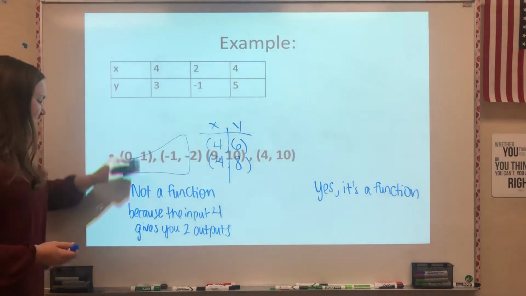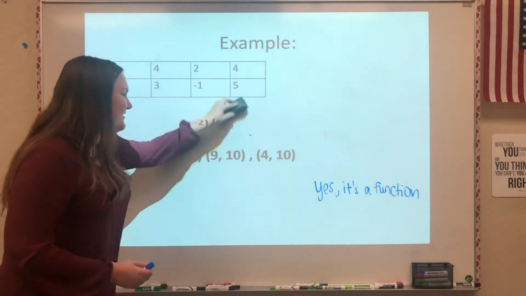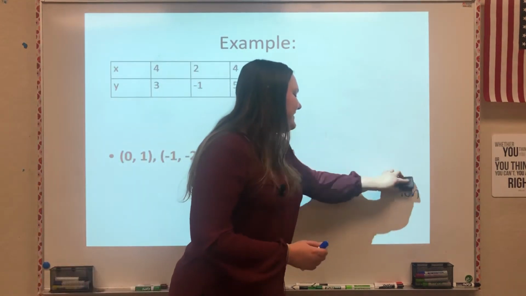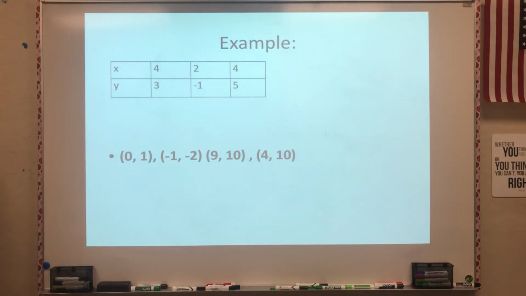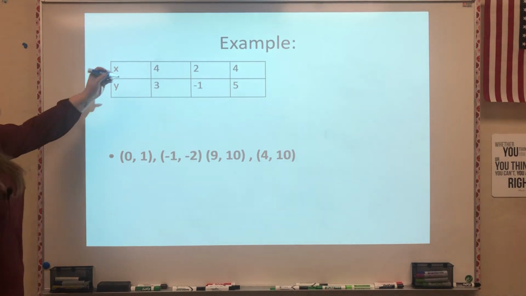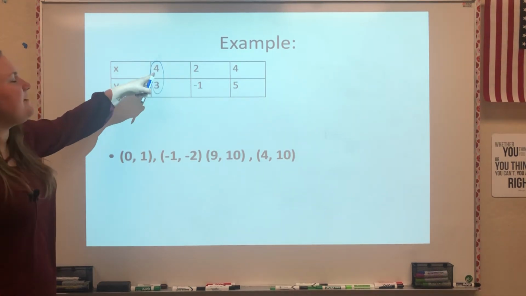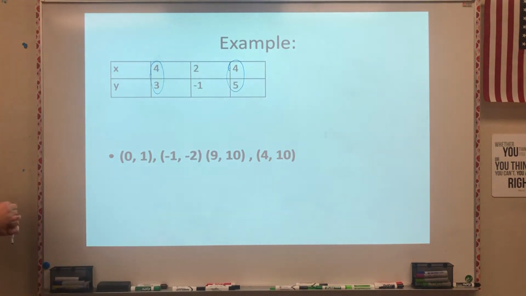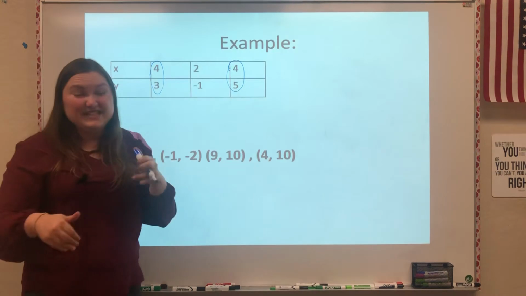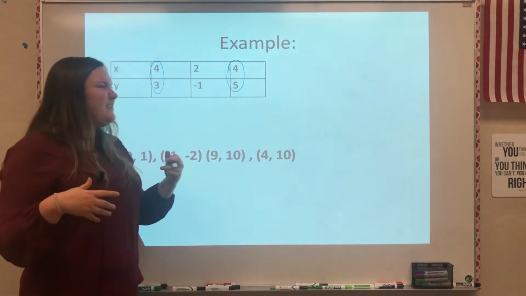So I've got 2 last examples. One's a table, one's a list of points. What do we think about this table here? Is this a function? Why or why not? Well, here, I notice I've got the same X coordinate going to 2 different Y coordinates. Sometimes students have to change this back to a mapping circle to help them visualize it.